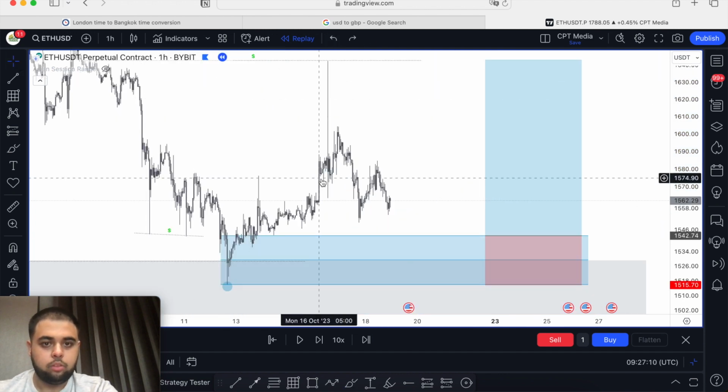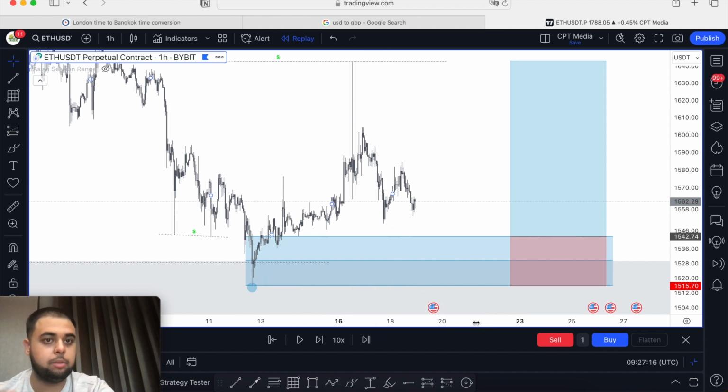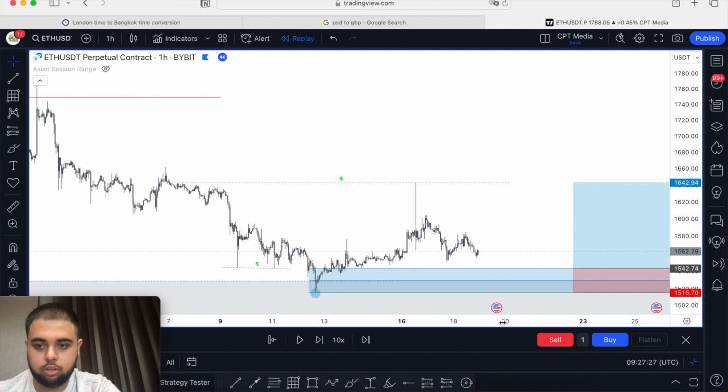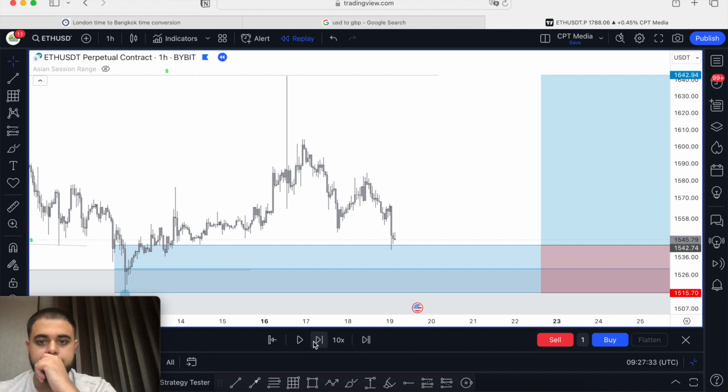So what you'll notice is price is very fractal. What happens on the higher time frames, same thing replicates on the extremities of the lower time frames. So the weekly, the daily, the monthly, to the 1 hour, 15, 1 minute, etc. Okay. So basically, what I'll be looking for now is to see how this correction level plays.